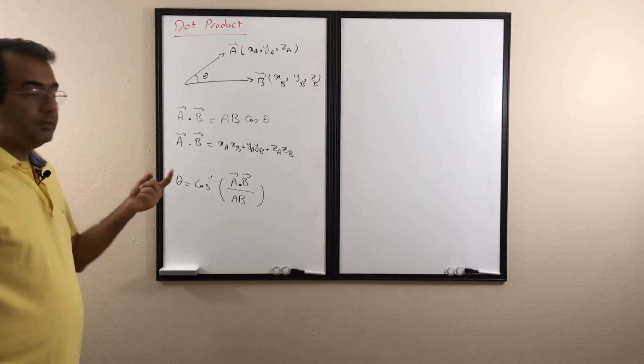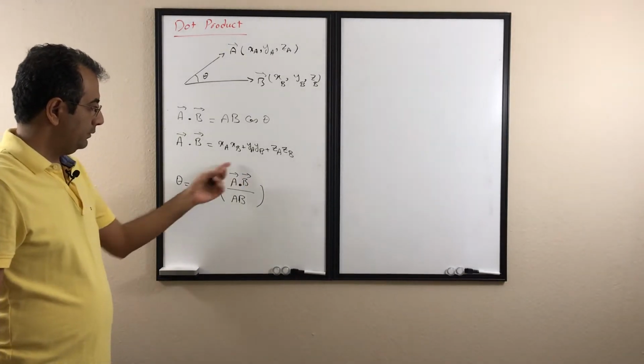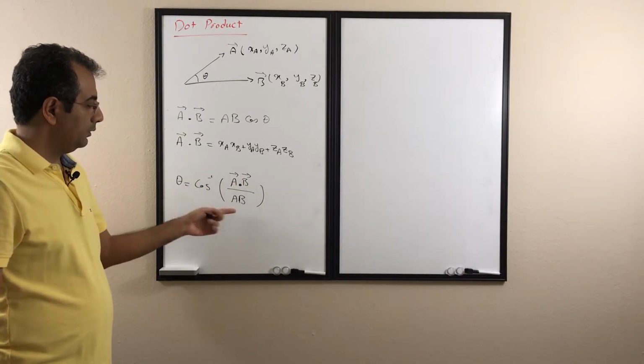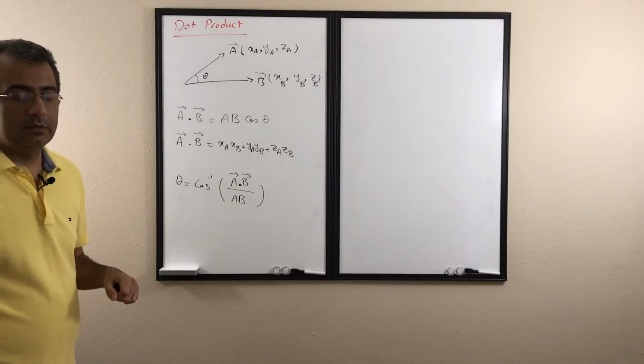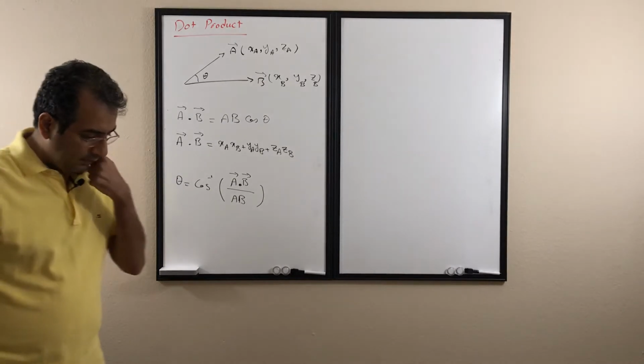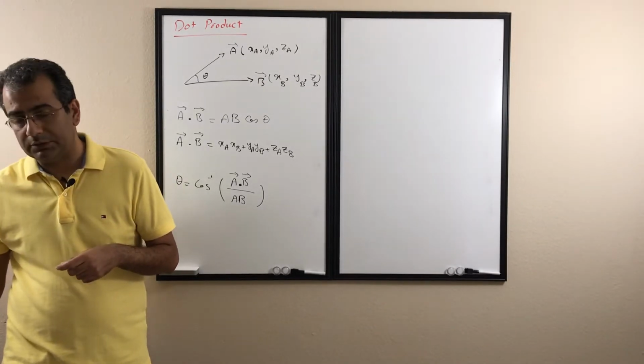So to find the angle between two vectors, we calculate the cosine inverse of their dot product divided by their magnitudes. Another way that we use the dot product is when we want to calculate the projection.